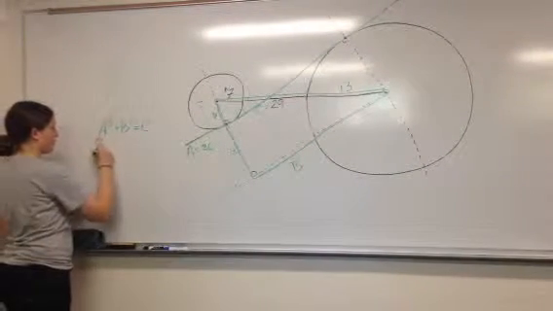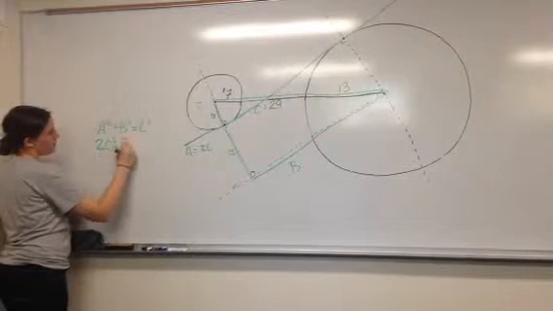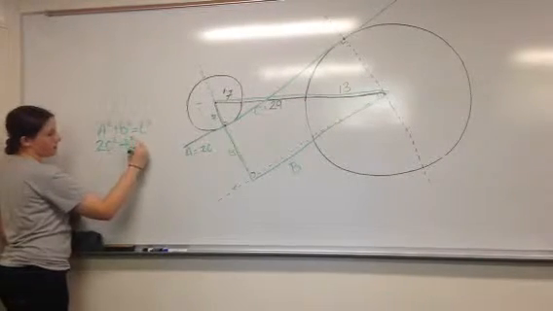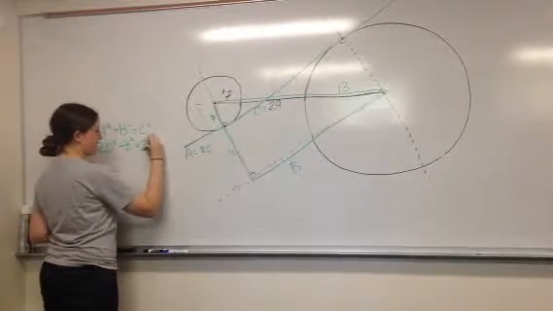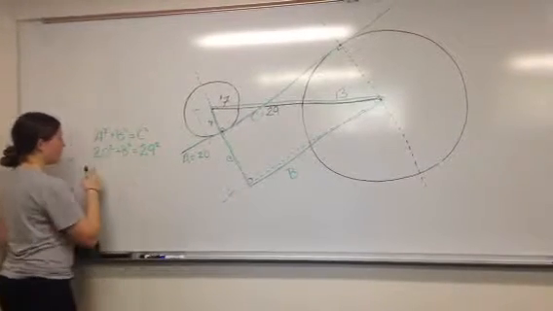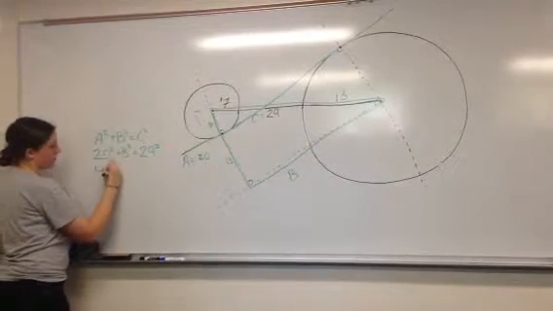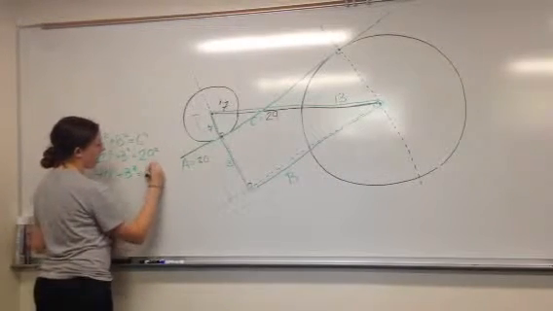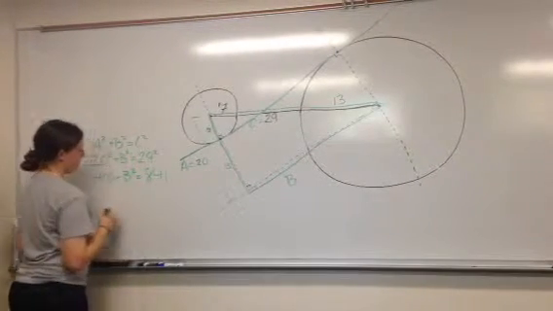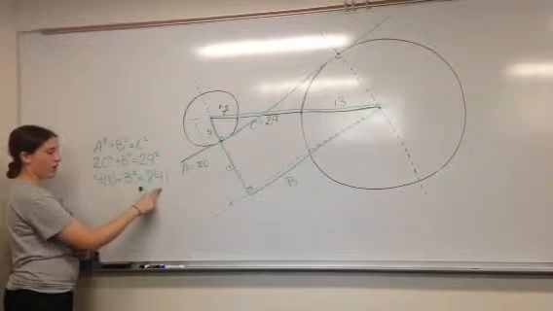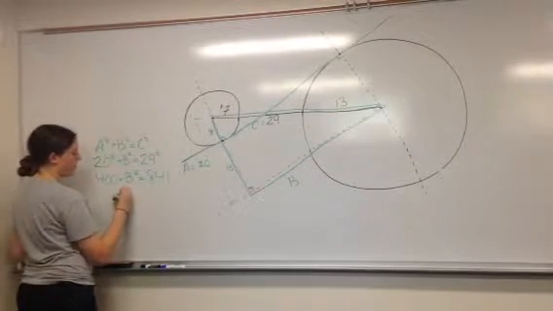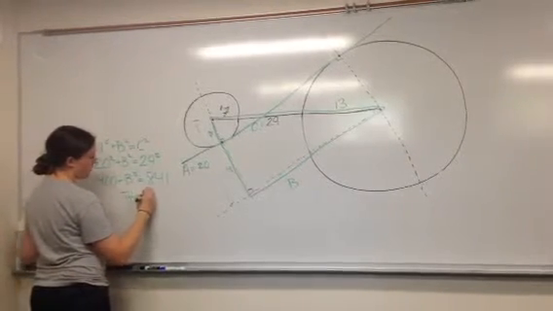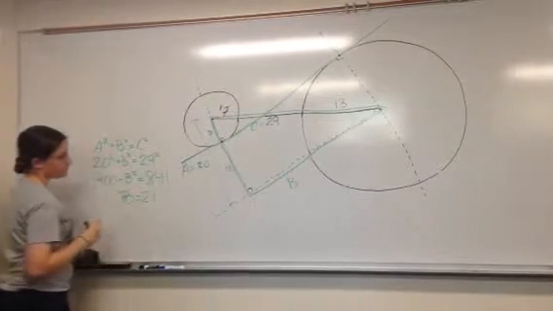So A is 20, so 20 squared plus B squared equals 29 squared. 20 squared is 400, so 400 plus B squared equals 841. We subtract over our 400, take the square root, and we find that B equals 21.